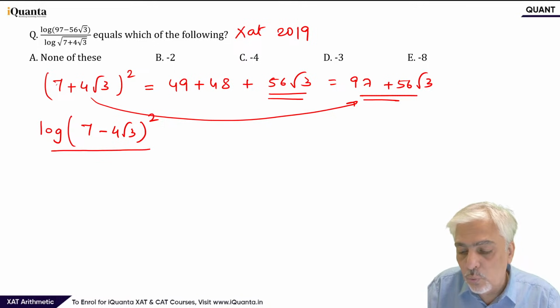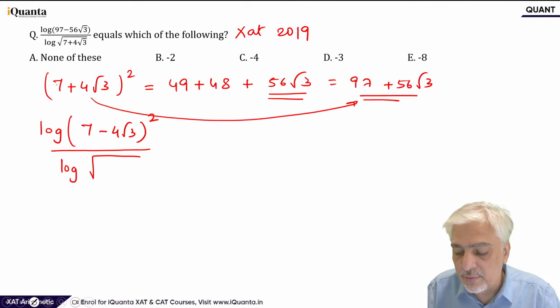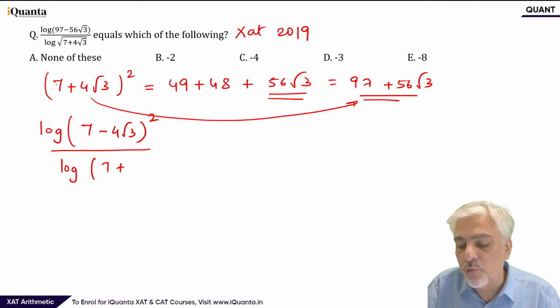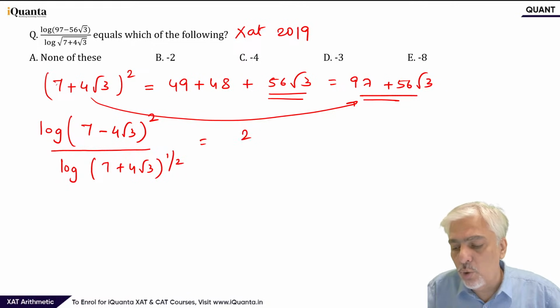Denominator will become log of root 7 plus 4 root 3. I can remove the root and write it as raised to half. So 7 plus 4 root 3 raised to half. Using the basic rules of log, 2 comes in the front: 2 log 7 minus 4 root 3 upon half log 7 plus 4 root 3.